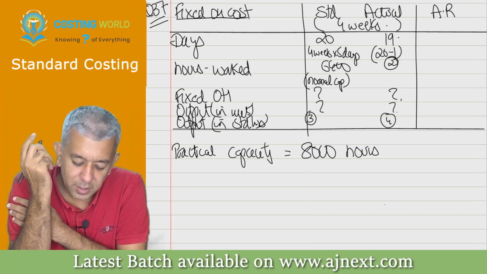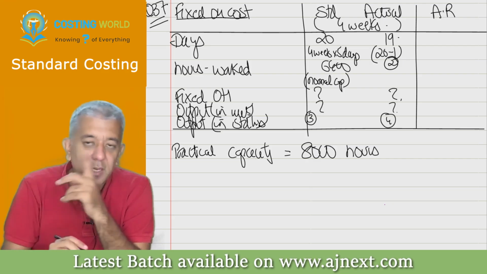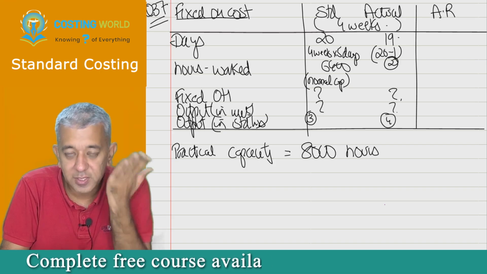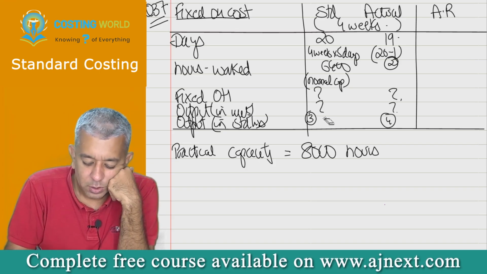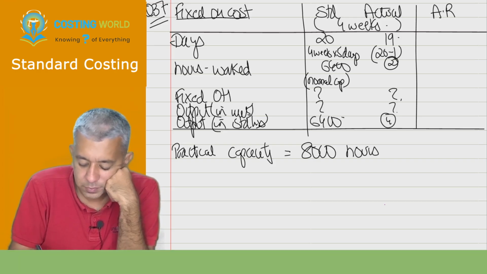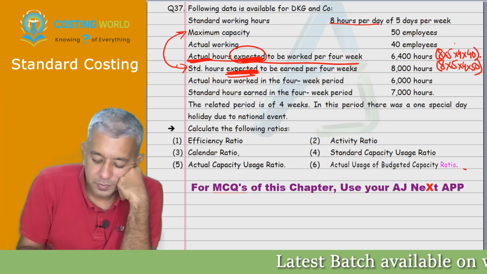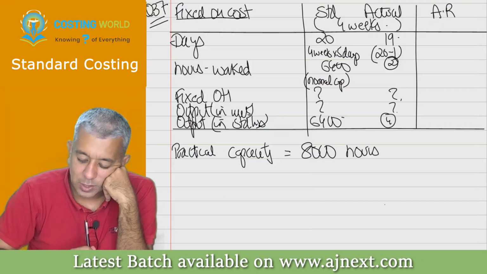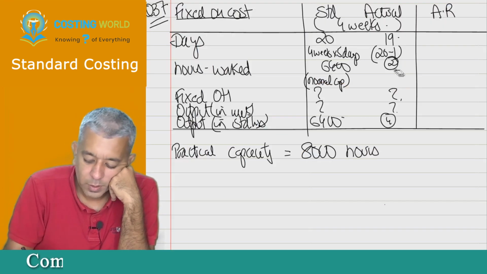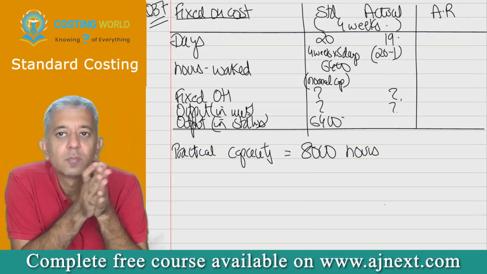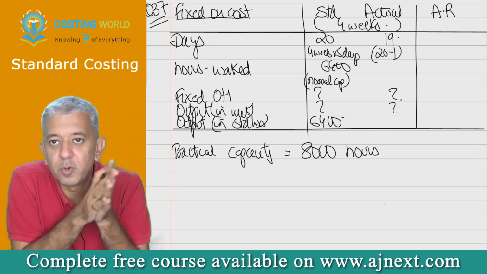Now tell me, 6,400 will be coming at another place also. You will have done 5 practice questions right now. Output in standard hours, 6,400. Further, actual hours worked during the 4 weeks. Tell me, this 6,000 will be coming where? Actual hours worked during the 4 weeks.